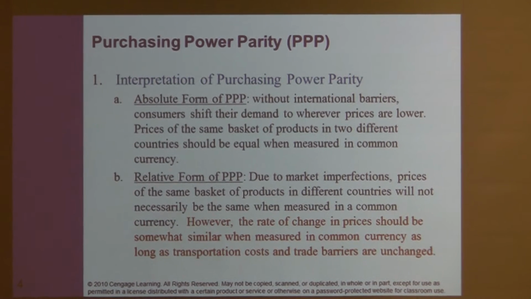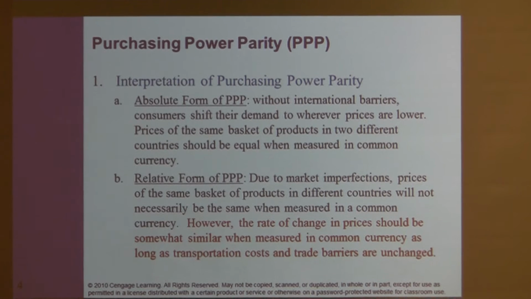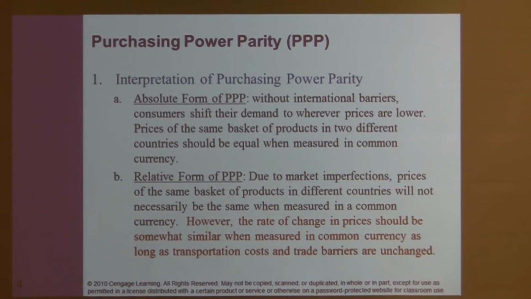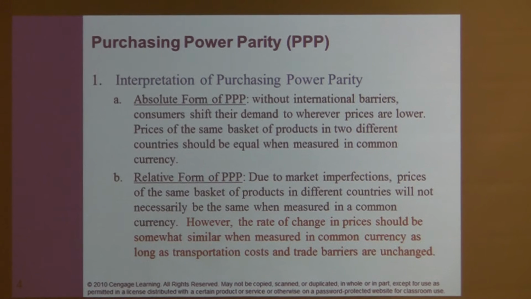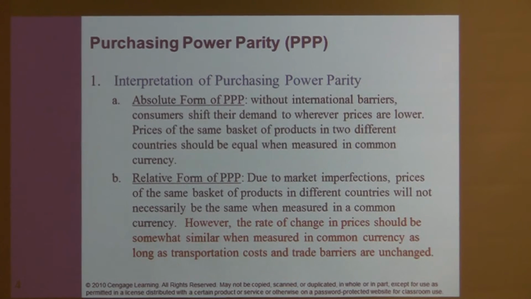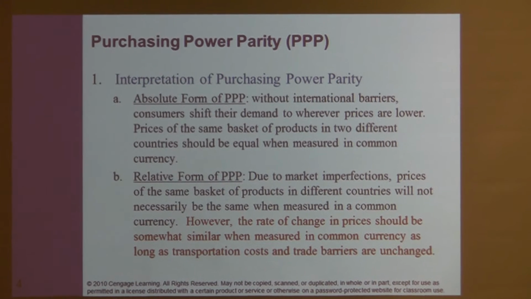So rather than look at how much the same dollar can buy, we are talking about whether the change in inflation is related to the change in the exchange rate. So we are talking about the difference, let's say, between the US and China, the US and Canada, and so on. That is the difference in inflation. So we are talking about the differential inflation and how it affects the exchange rate.